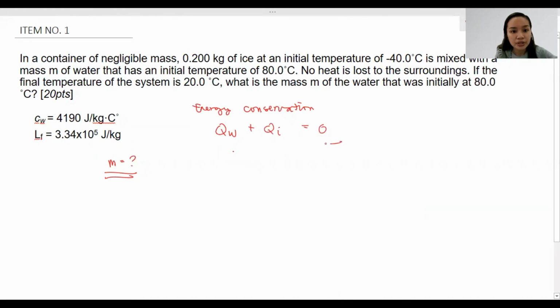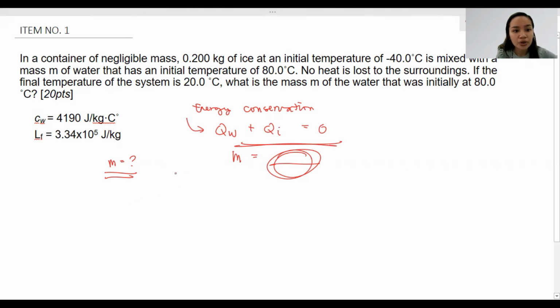So itra-transpose niyo yan, where you can have M at the left-hand side. Tapos, makukuha na ninyo yung formula ng M from this energy conservation relationship.